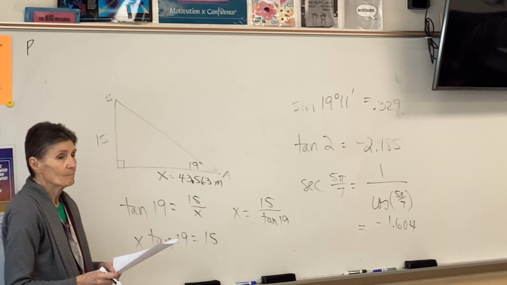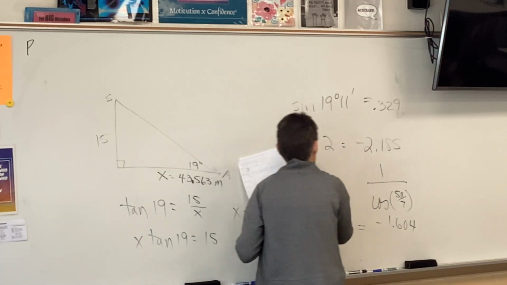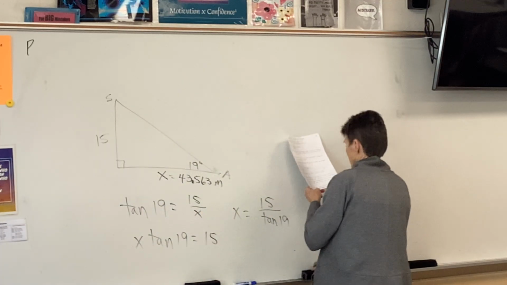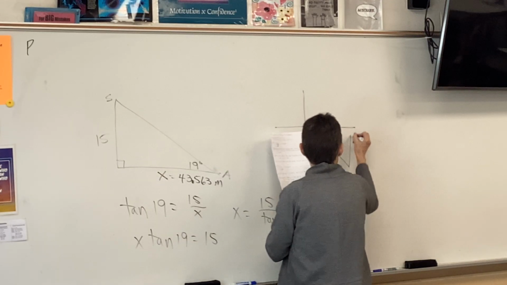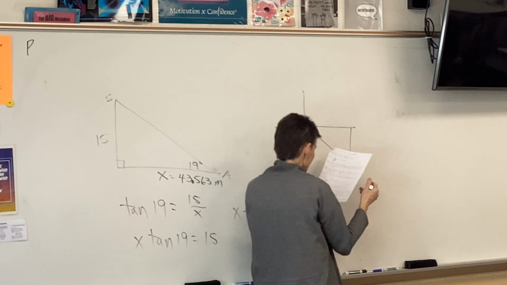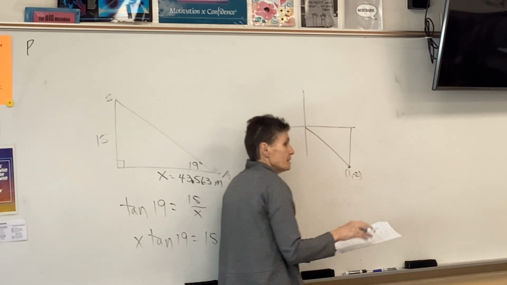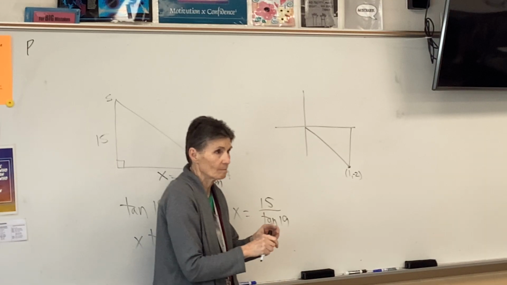You got it? All right. Now I got another picture. And this point down here is the point 1, -2. Now, what does that mean in terms of my triangle?